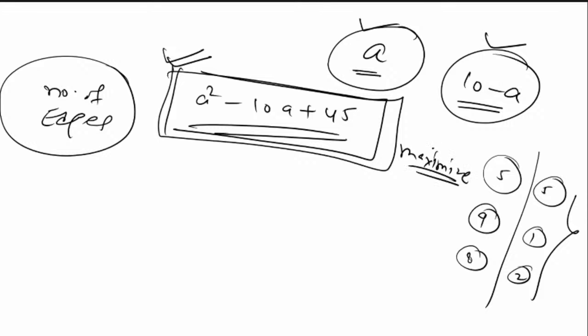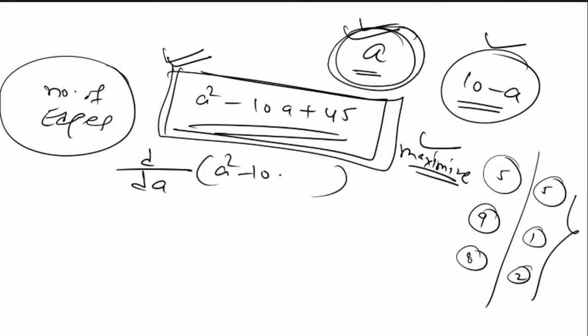Again, we can use the maxima minima principle. For which value of a will this be maximum? For that you can differentiate it with respect to a, d/da of a square minus 10a plus 45, which will be 2a minus 10.